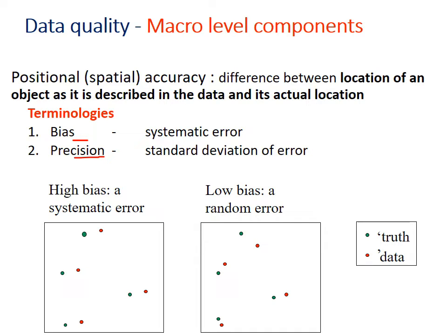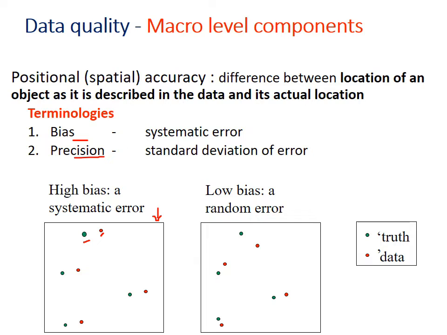If you look at this first map, in this picture, you could see the green dots are the true location, and the data that you have created is given as red dots. All the red dots are away from the green locations, which means that there is a systematic error in the map that you have created. So I call this a high bias, which has a high systematic error.